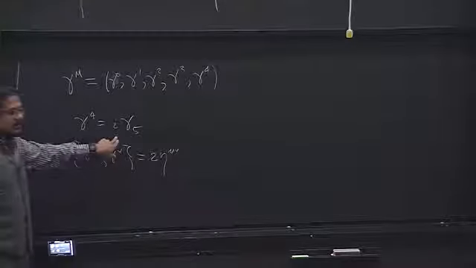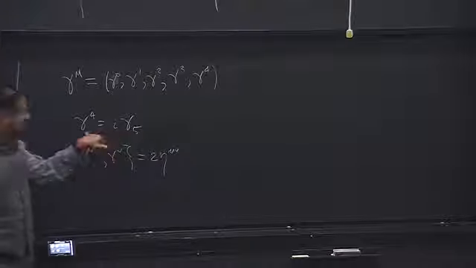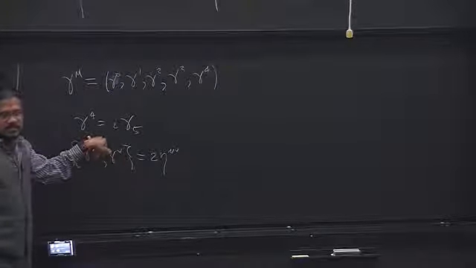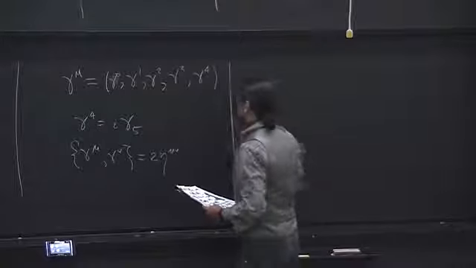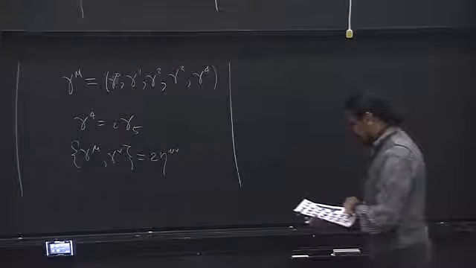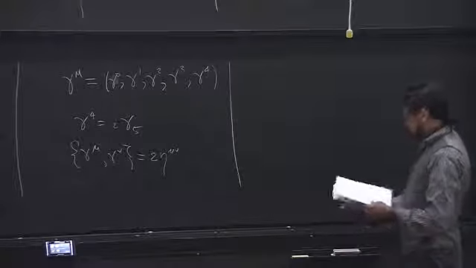And I put the i here because gamma 5, as we defined, was a Hermitian matrix, but gamma 4 has to be anti-Hermitian, right? So this would be your new set of Dirac matrices.